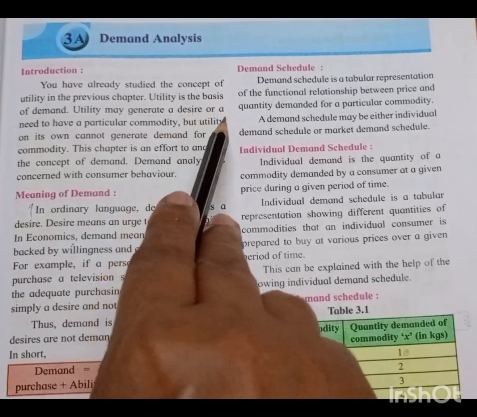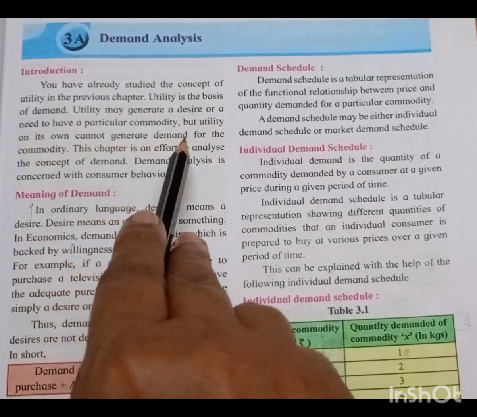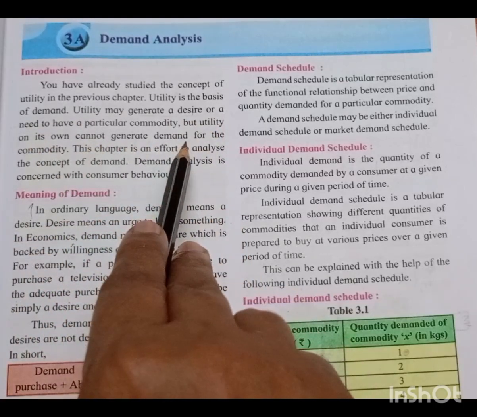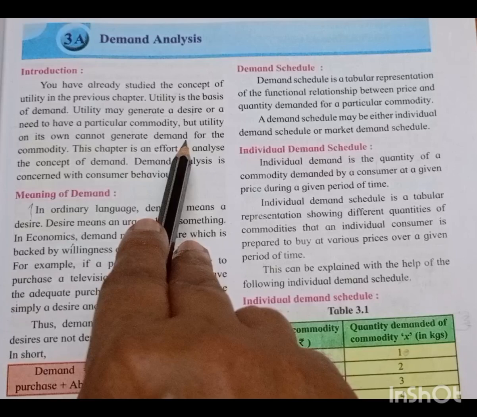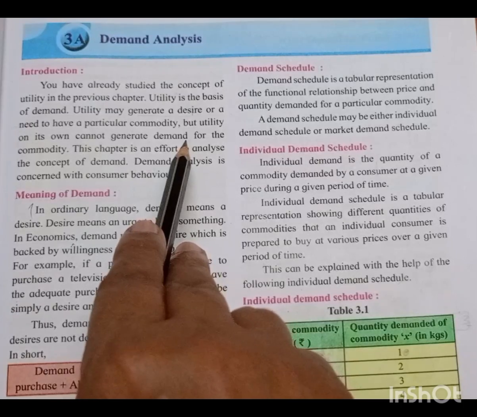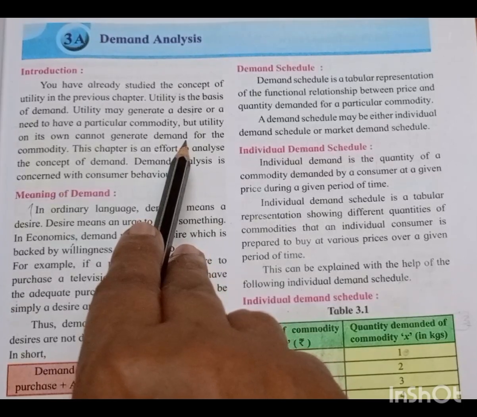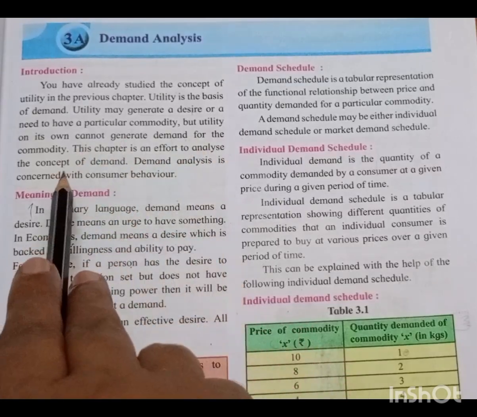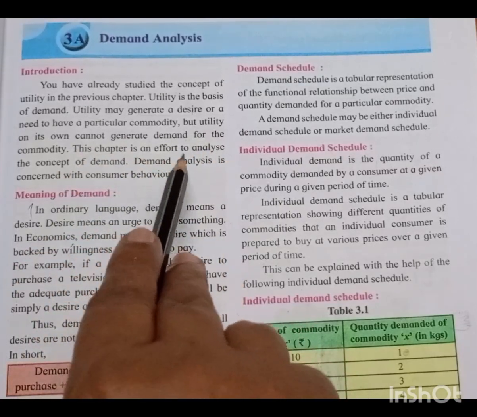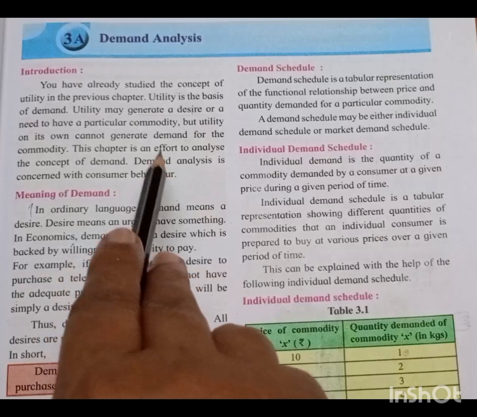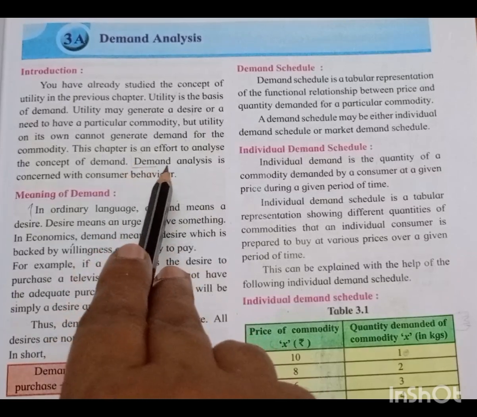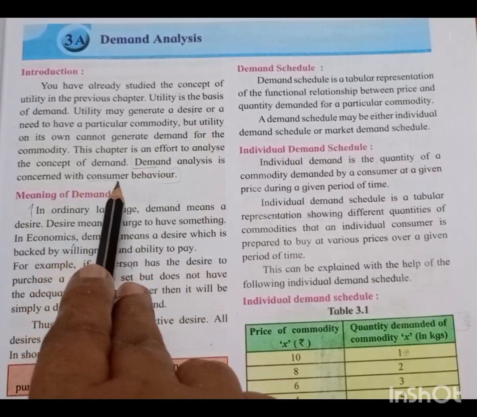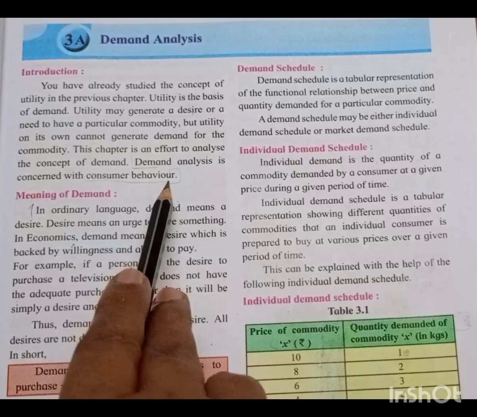But utility on its own cannot generate demand. Until and unless you get satisfied with its use, you may not demand that particular commodity or service. This chapter is an effort to analyze the concept of demand. Demand analysis is concerned with consumer behavior.